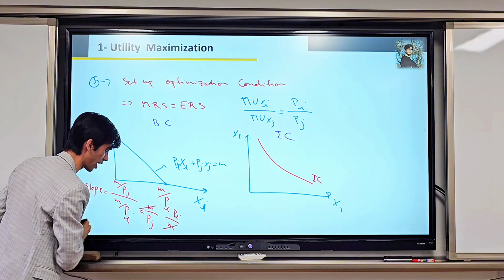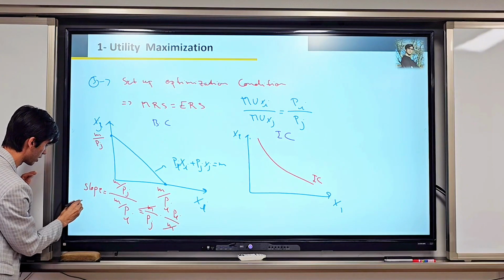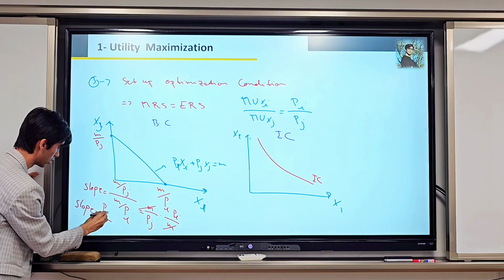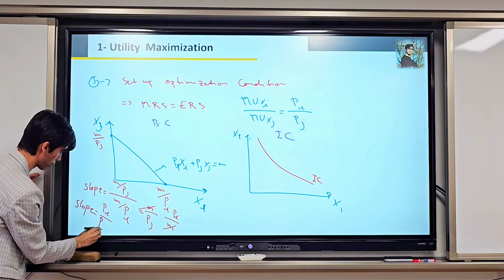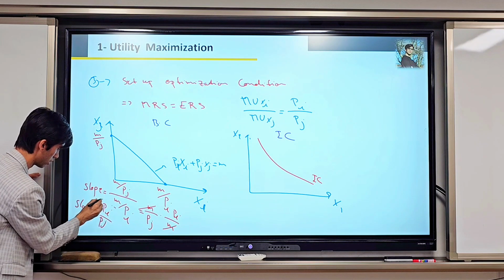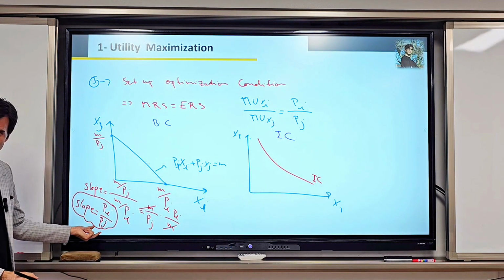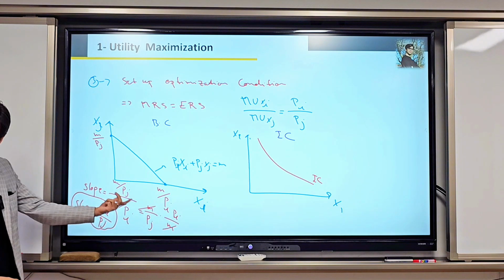This m will cancel out with this m. So the slope of this budget constraint is equal to pi divided by pj. The slope of the budget constraint is equal to the ratio of price, pi divided by pj, which is the economic rate of substitution.